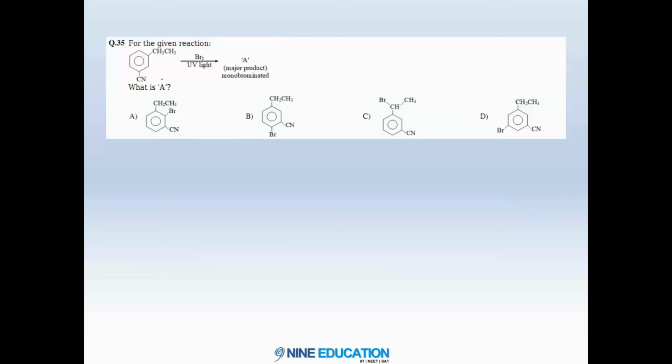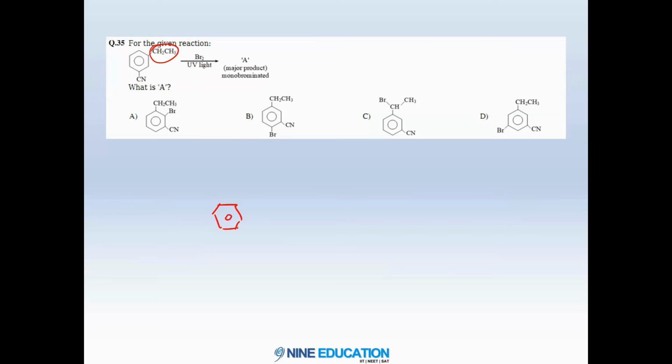So for the given reaction A, this is UV light bromination, so it will follow free radical substitution. This group CN has nothing to do with it. In the benzene ring also, in these conditions, there cannot be any kind of substitution. Substitution should happen only on the outside part of the molecule.